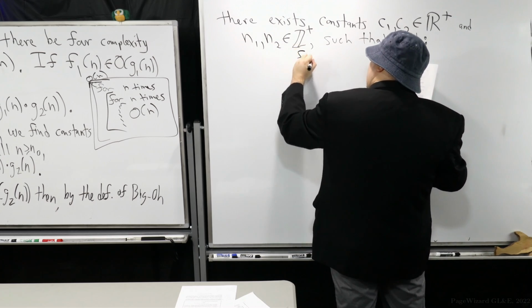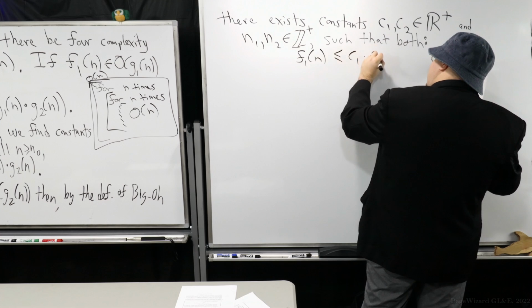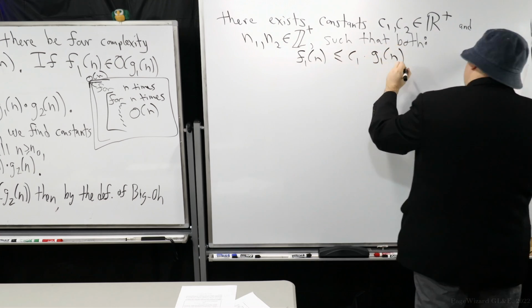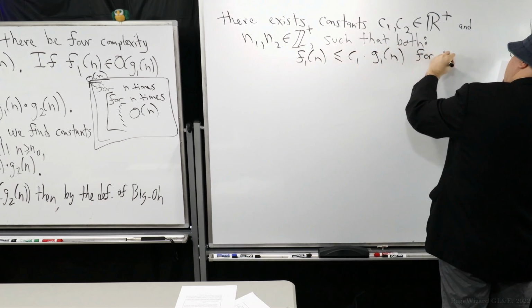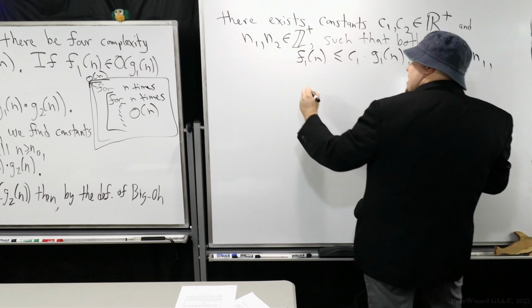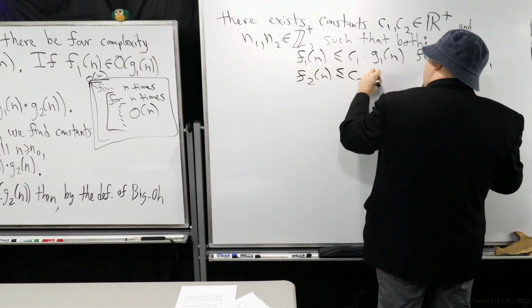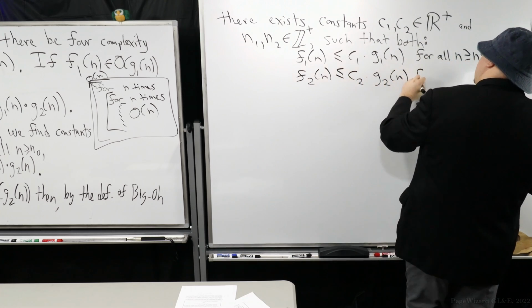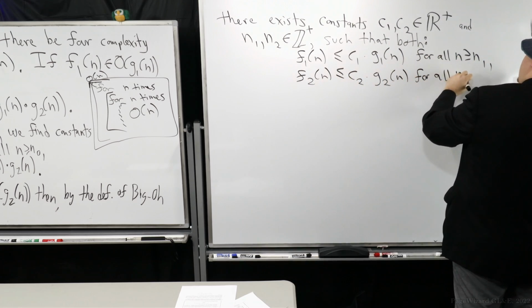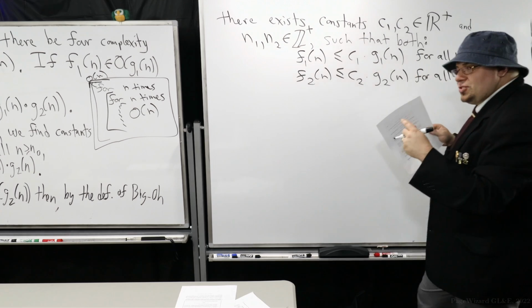Both F1 of n is less than or equal to C1 times G1 of n, and this has to be true for all n greater or equal to n1 by the definition of big O. And we have that F2 of n is less than or equal to C2 times G2 of n for all n greater or equal to n2. So both of these are true.